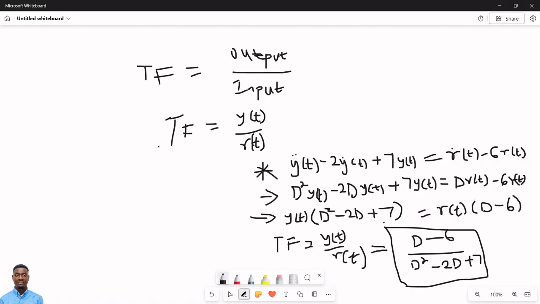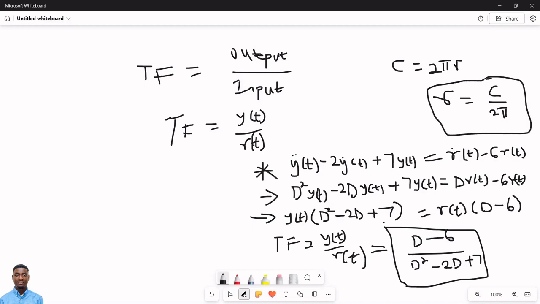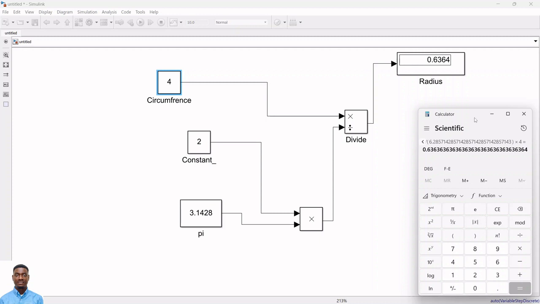What I just did: you have the circumference of a circle as C equals 2 pi r. Since I'll be knowing my circumference when I'm doing any design, it's my radius that I will look for. So that will be radius equals circumference divided by 2 pi. So this mathematical model here is what I've represented using Simulink.